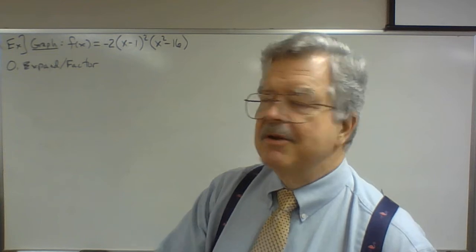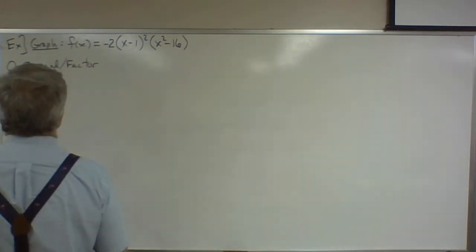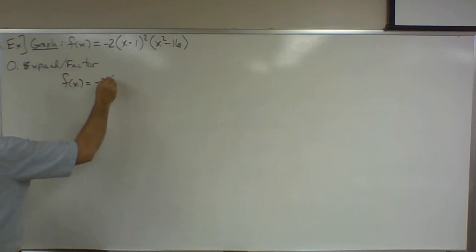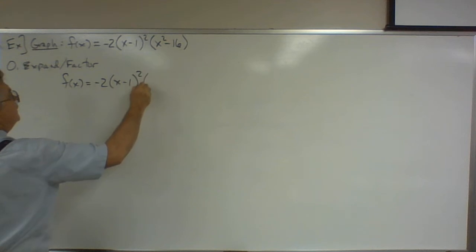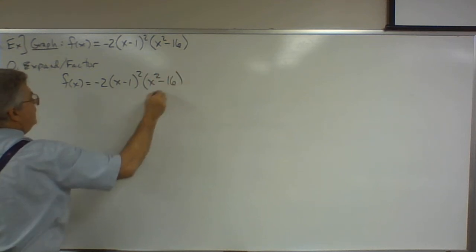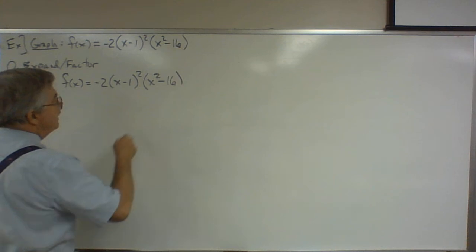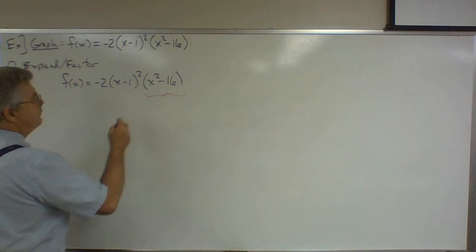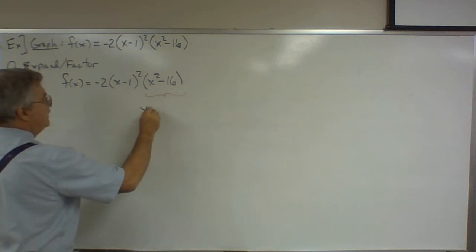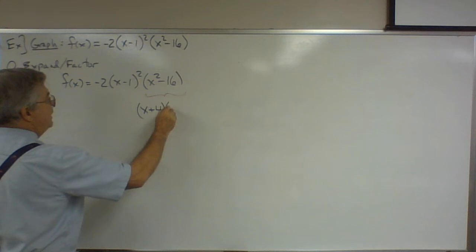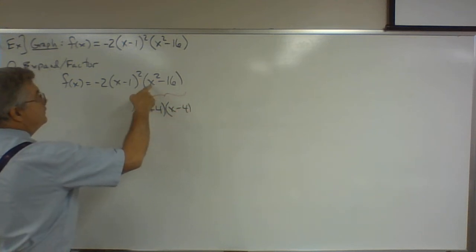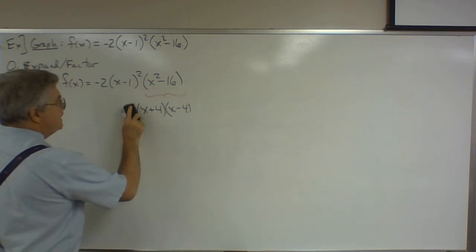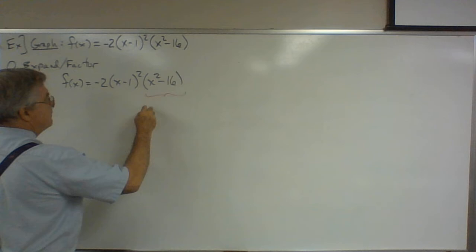So the first thing I'm going to do is factor it. And this thing just jumps right out at me and says, factor me, factor me. X plus 4, x minus 4. See, this is x squared minus 4 squared. And you know what? Maybe I should write that as an intermediate step.